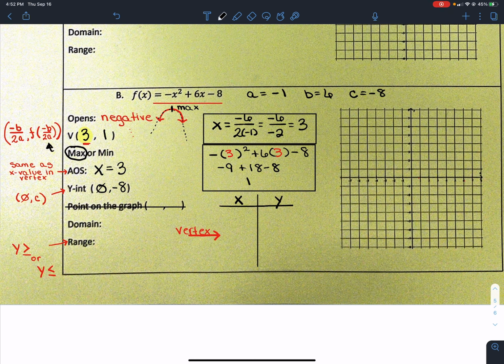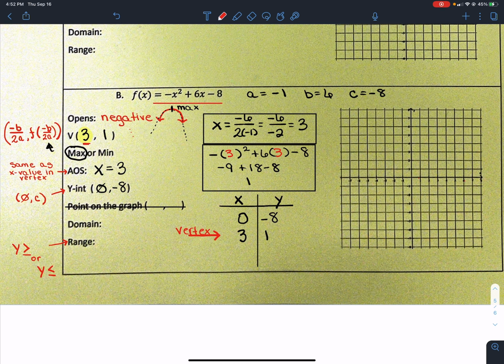So the vertex is 3, 1. The other point that we already know is the y-intercept. That's also an ordered pair, so it is a point on the graph. The y-intercept is 0, negative 8. Since 0 is smaller than 3, on the table, I'm going to write it before 3.